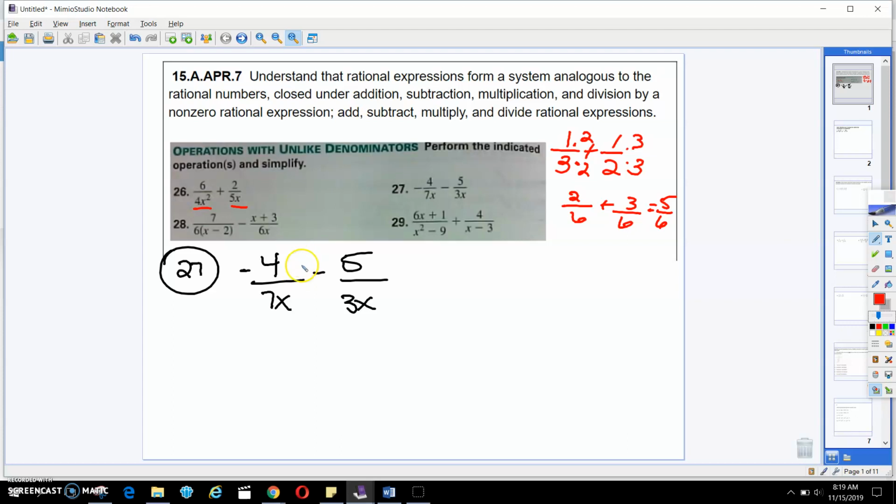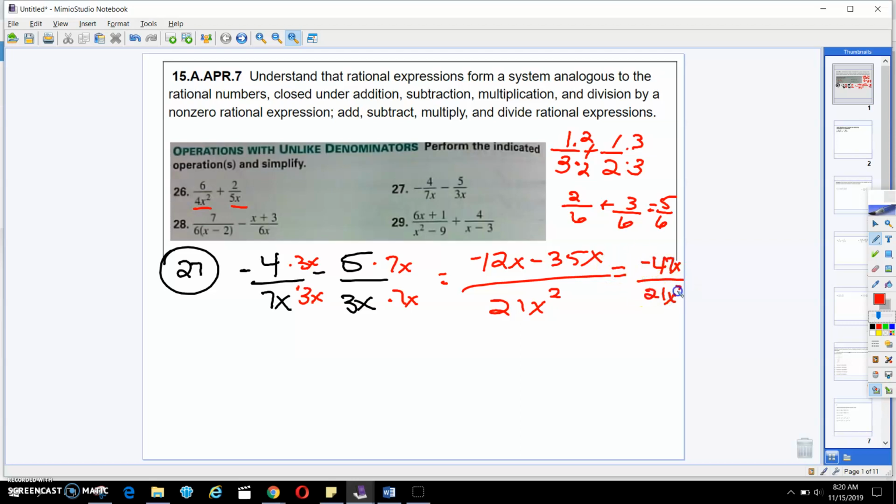So negative 4 times 3x is going to give me negative 12x. Negative 5 times 7x is going to give me negative 35x over 21x squared. Cool. Then we're going to combine our like terms in the top, so that's going to give me negative 47x over 21x squared.